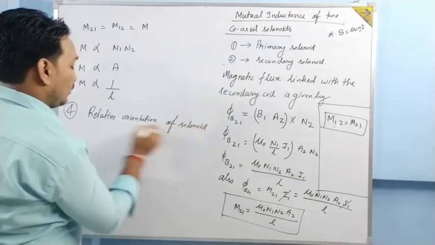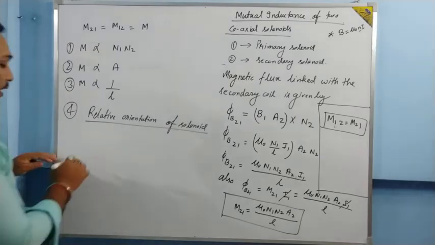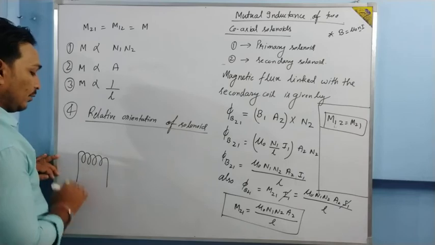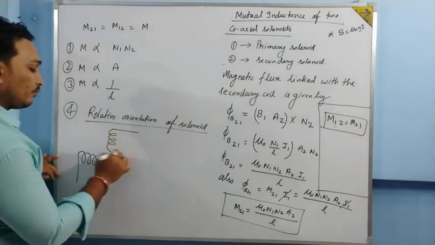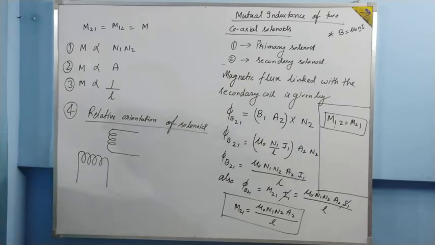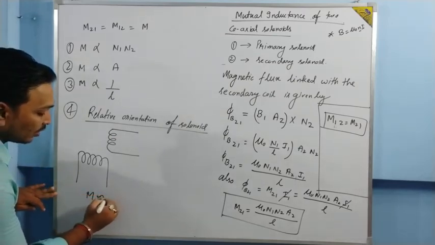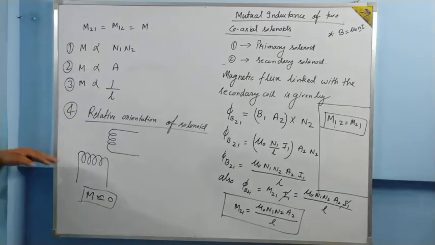It is not visible there because in that case both the solenoids are overlapping each other. But suppose one of the solenoids is kept like this and another is kept like this, then in this case M is approximately equal to 0, because the magnetic field of this will not link with this.